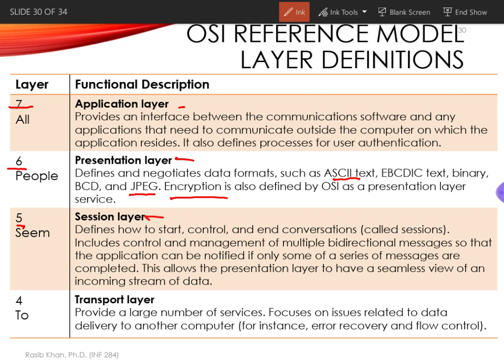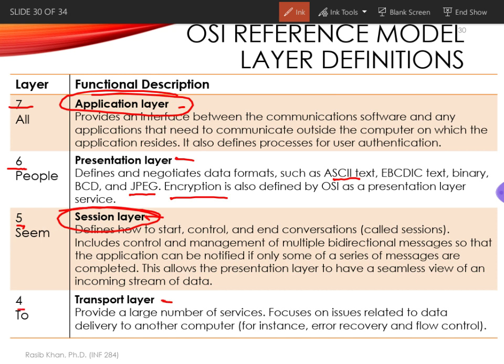So it actually allows the application that is running in the upper layer to have the concept of a session which can start and end, and also we have the control features where we are defining the sequence of the messages, and also the seamless view of the incoming stream for the application.